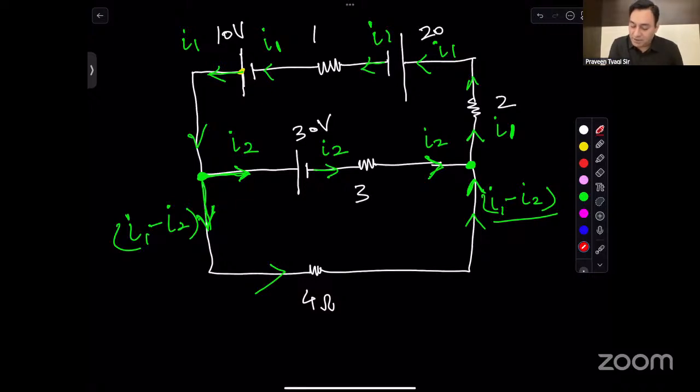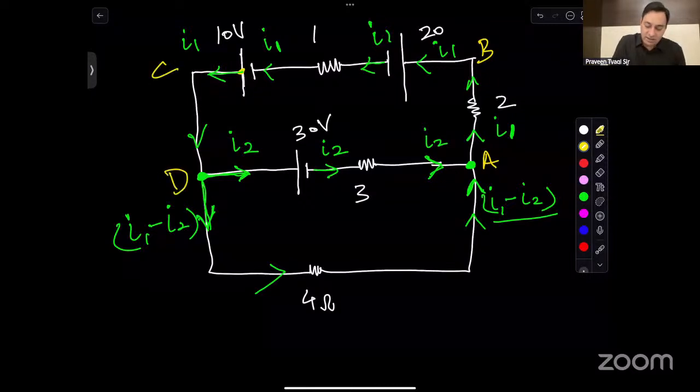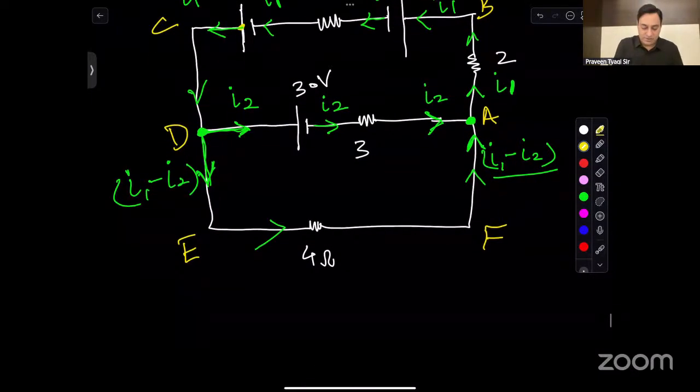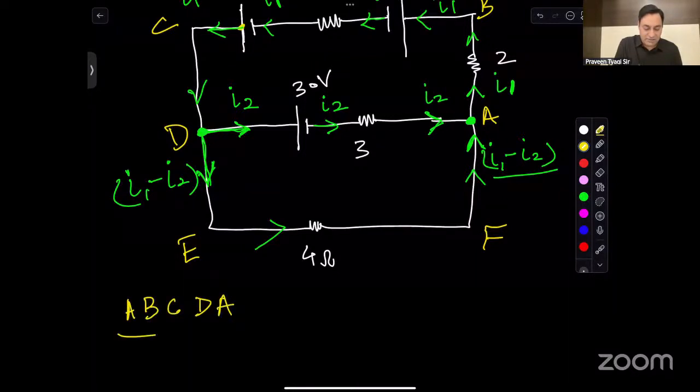I am naming the loops as this is A, B, C, D, E, F. Now just see, I will write the equation for the loop A, B, C, D, A. That is one loop.